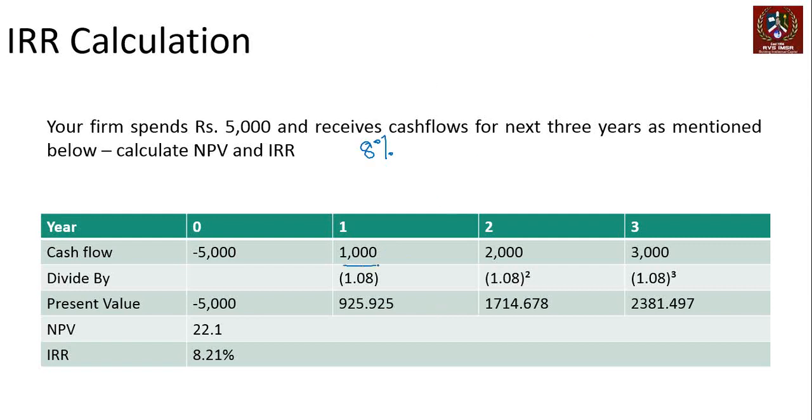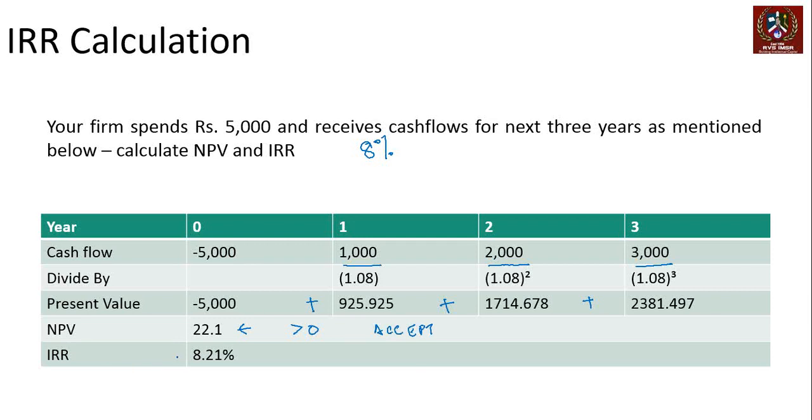So you discount 1,000 by 1.08, 2,000 by 1.08 to the power 2, and 3,000 by 1.08 to the power 3. When you add all these up, the summation of all these present value terms gives you the NPV, which is greater than 0, and hence you accept the project.